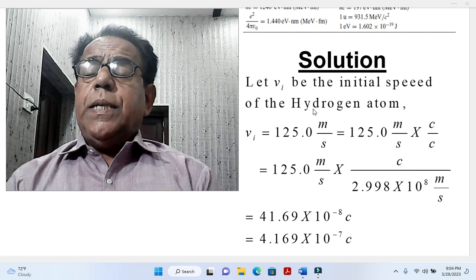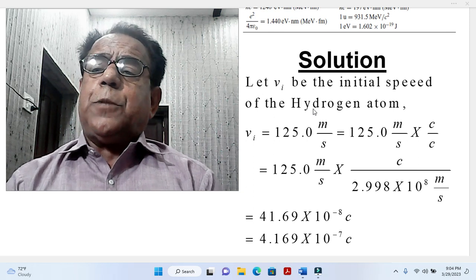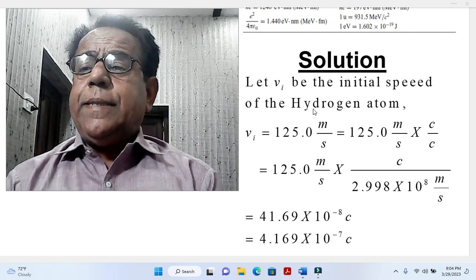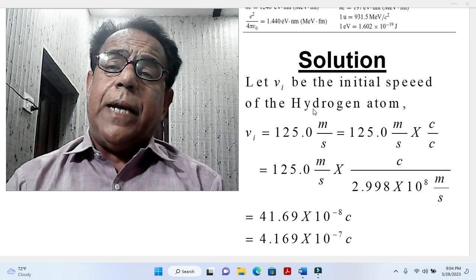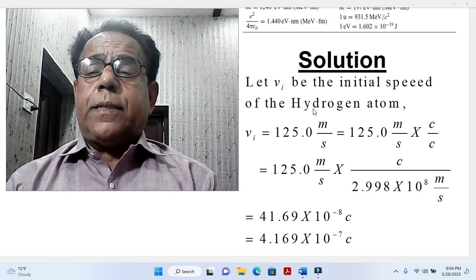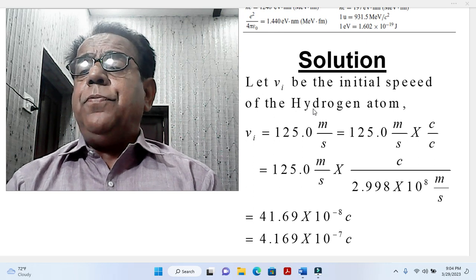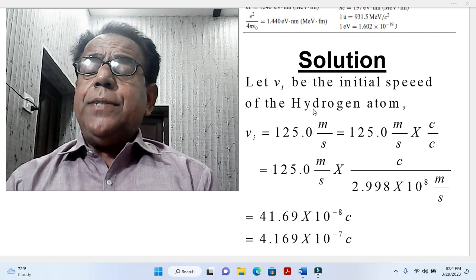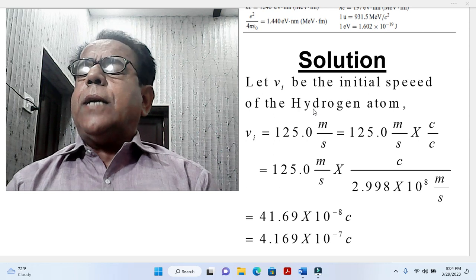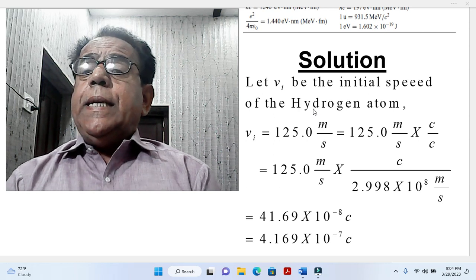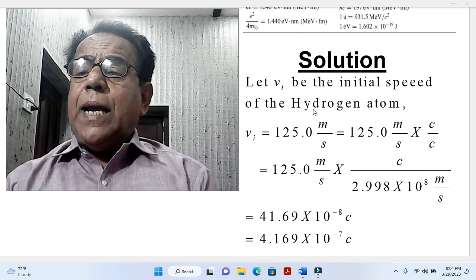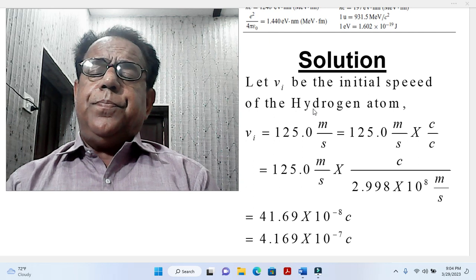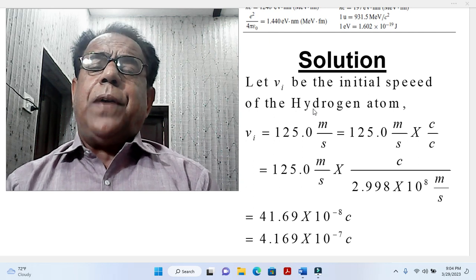However, we can convert it into a relativistic expression by making an arrangement. We will multiply and divide it by c, the speed of light. Then in the next step we will use the value of c, that is 2.998 times 10 to power plus 8 meter per second, in the denominator, while in the numerator we will not change or replace c.